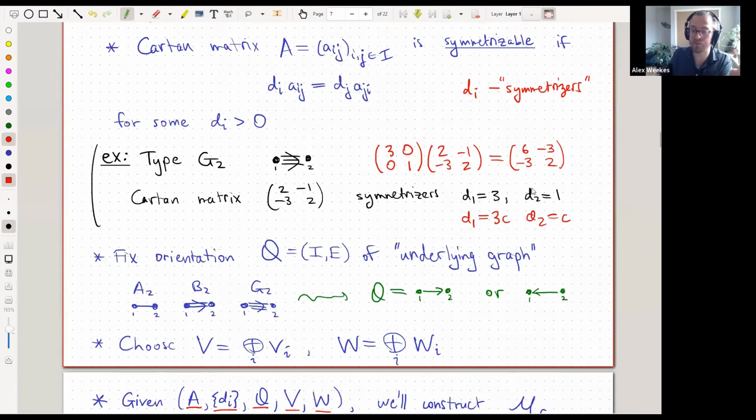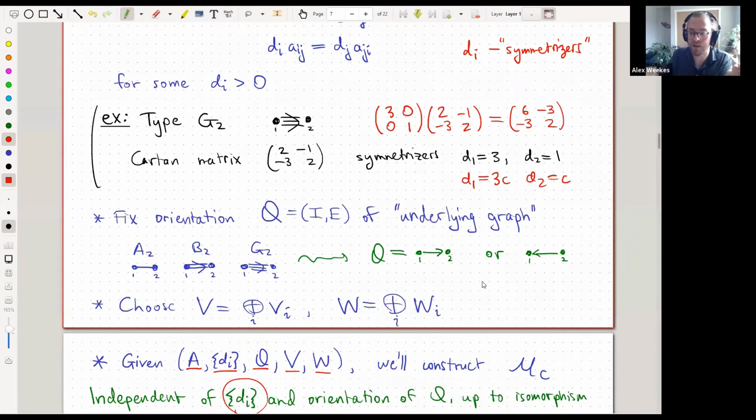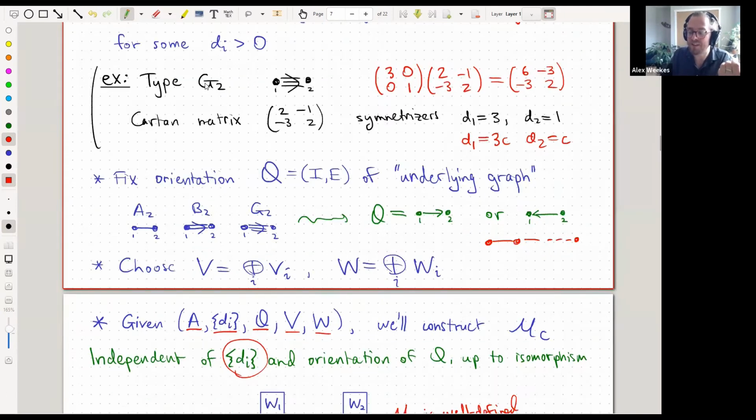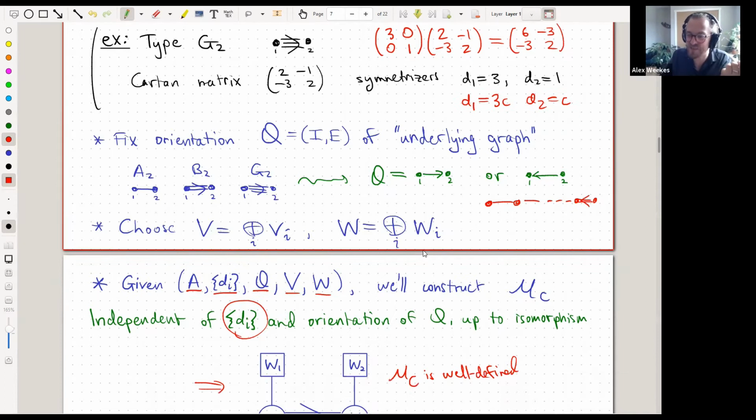And that's where we'll see the difference between B and C, because the underlying graphs for type B and C look the same. They're just a line. But C, I think, has the big one on the end. I think this is type C. So here the symmetrizers will be d1 is 1, and maybe I'll just write them like this.